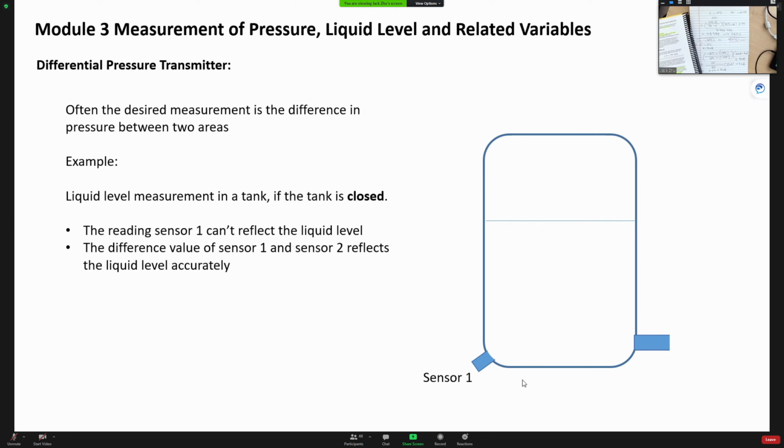So we cannot rely on just one sensor down here to measure the pressure, because if the airspace above got compressed, or you have any other type of gas compressed, you cannot accurately tell the liquid level from this pressure.